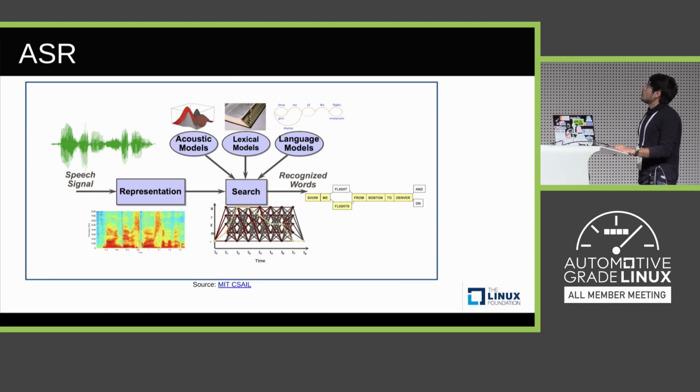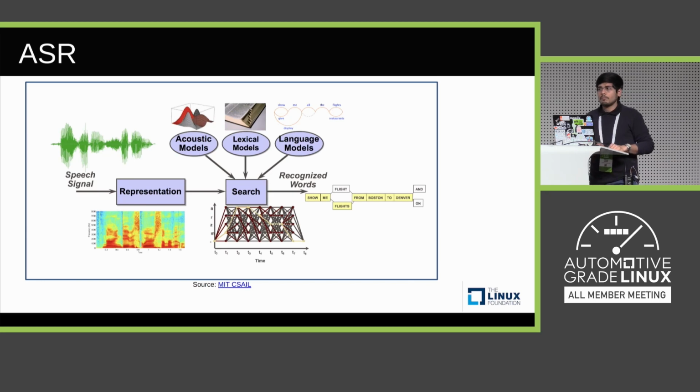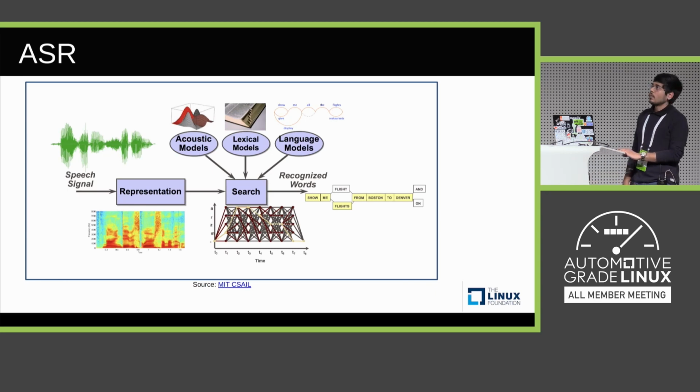Before I start to talk about Vosk, I would like to talk about the engine, or the thing that powers Vosk, the concept, which is ASR, or automatic speech recognition. It's a technology that enables a computer to recognize or transcribe spoken words into text.